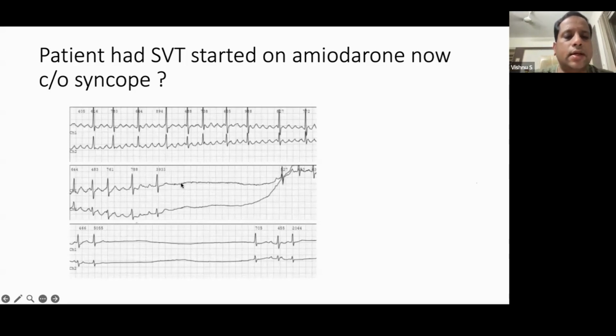Then the sinus node doesn't recover. It's a sick sinus node, and after a long pause the sinus fires and the QRS comes. So this is a termination pause. When a tachycardia like atrial flutter or atrial fibrillation is going on with a fast rhythm, fast rate.